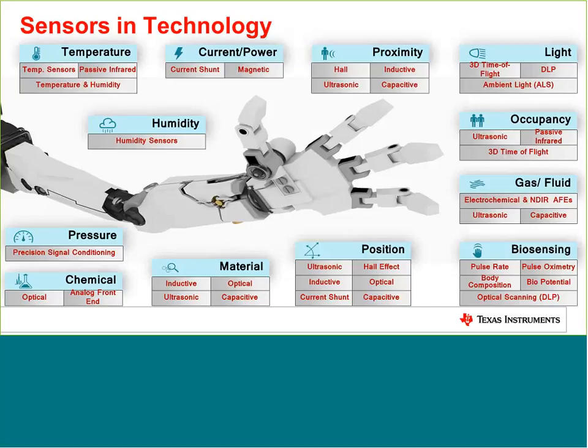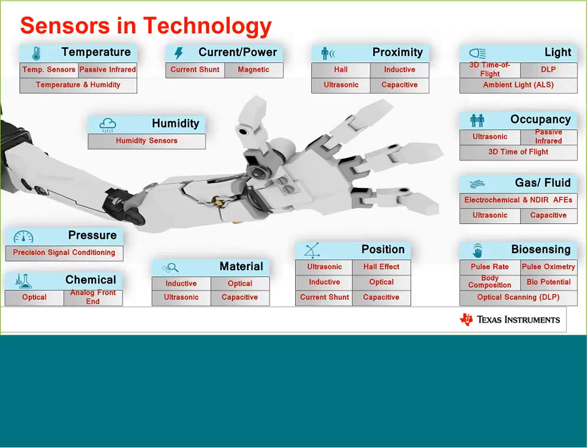So first thing, when we are talking about connectivity, connectivity makes sense if we have sensors, and TI plays a big role in different sensing areas. We have temperature sensors, power measurements, current shunt measurements, magnetics, proximity, Hall effect, inductive capacity, ultrasonics.